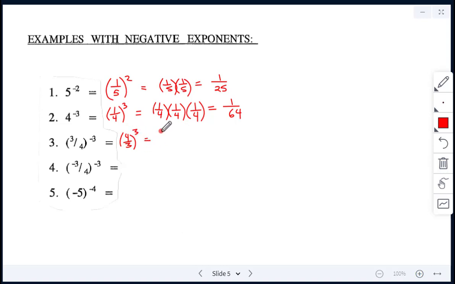So factored form, that becomes 4 over 3 times 4 over 3 times 4 over 3. All right, multiply the numerator. 4 times 4 times 4, which is 64. 3 times 3 times 3, which is 27.